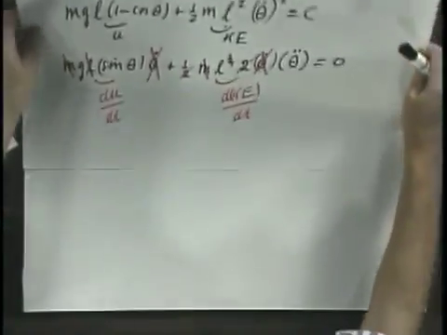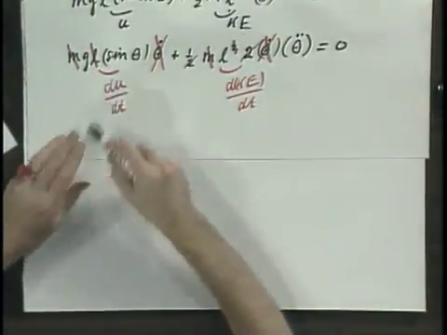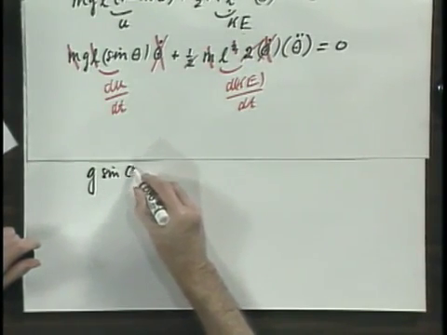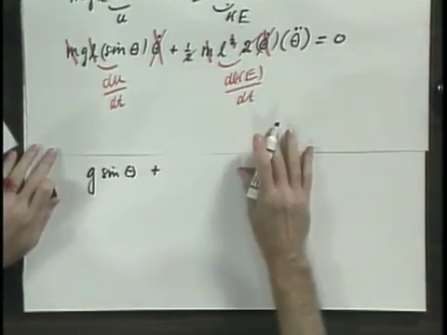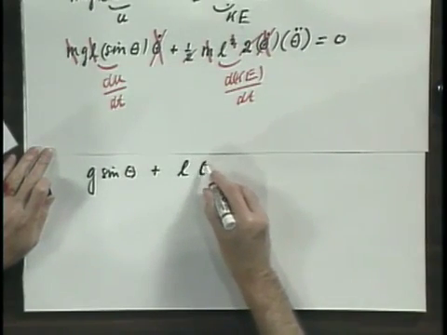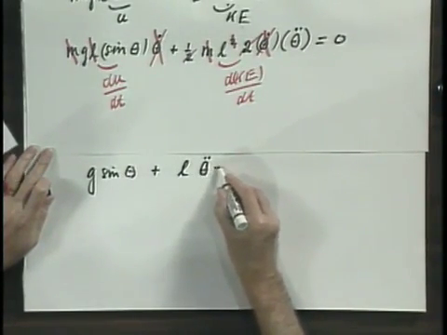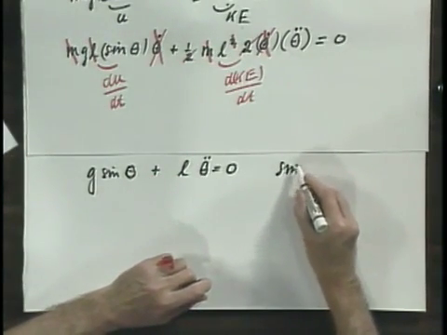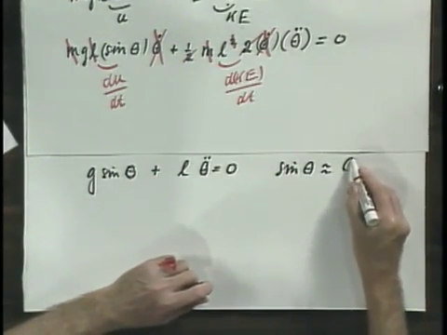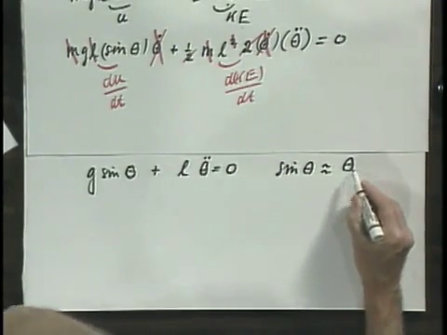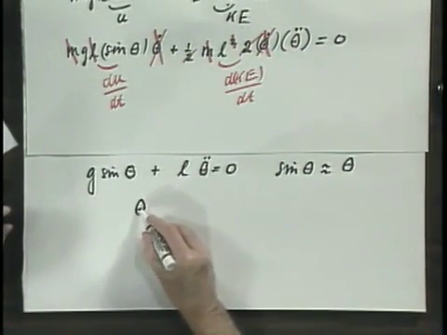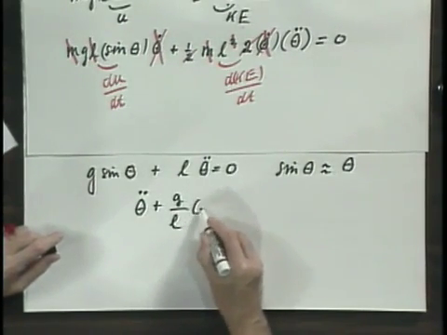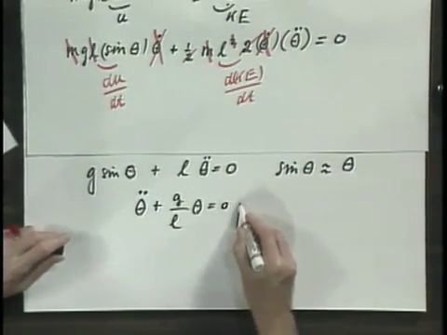And what do I end up with? I end up with g sine theta plus L theta double dot equals 0. Now for small angle approximation, sine theta is about the same as theta if theta is in radians. And so what do I find now? That theta double dot plus g over L times theta equals 0.